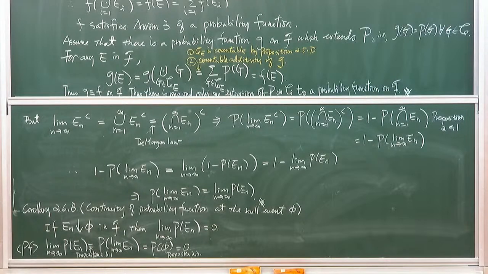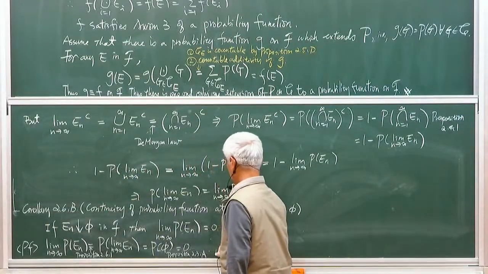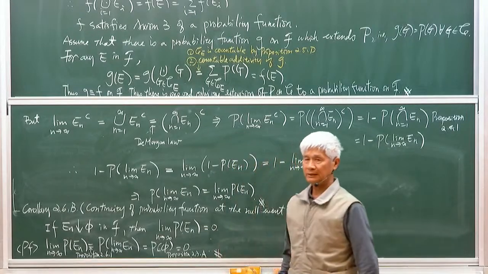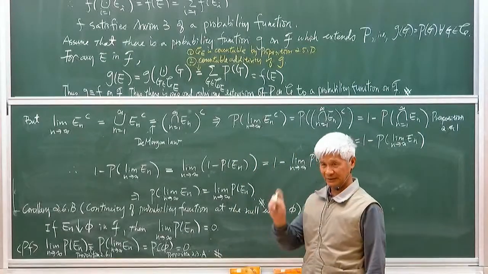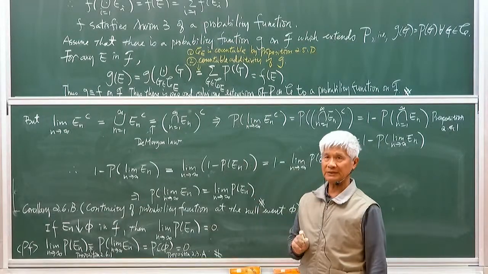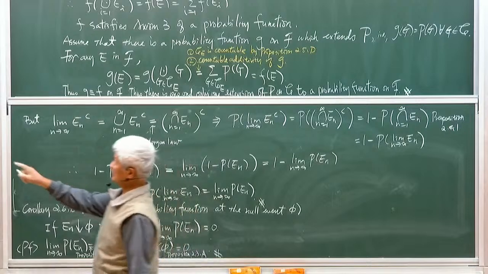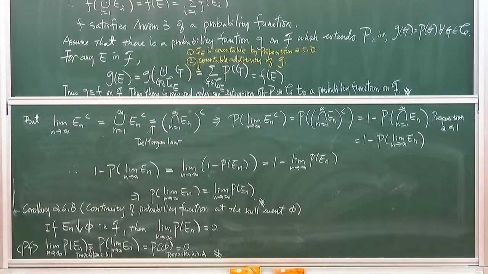A. Okay, before. And we're done. That's why it's called a corollary, because it's a simple consequence of proposition 2.6.1. Proposition 2.6.1 is stated in the textbook.